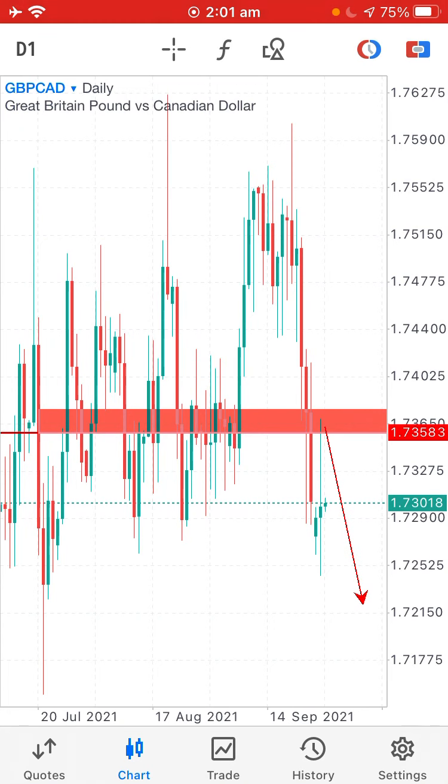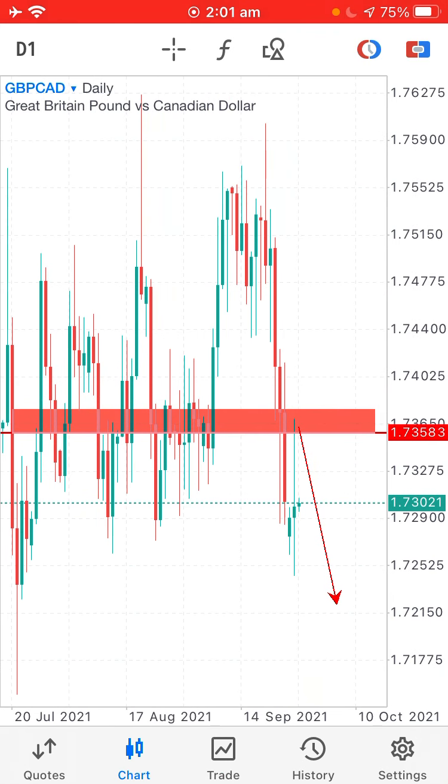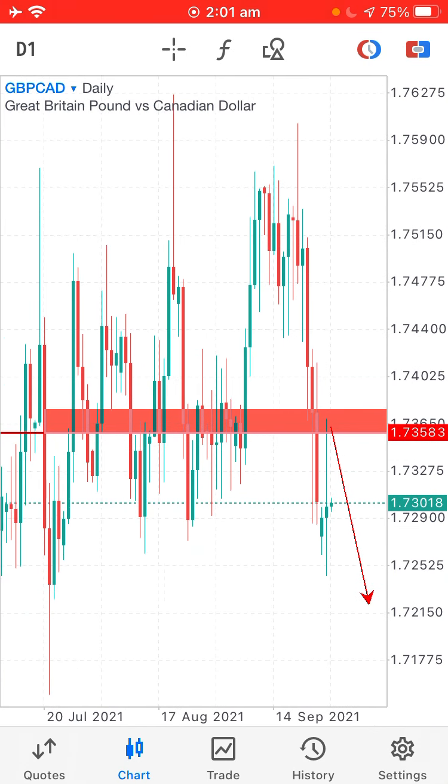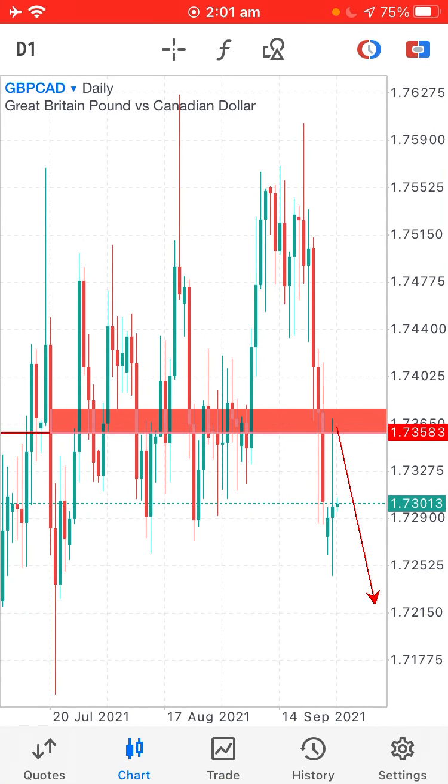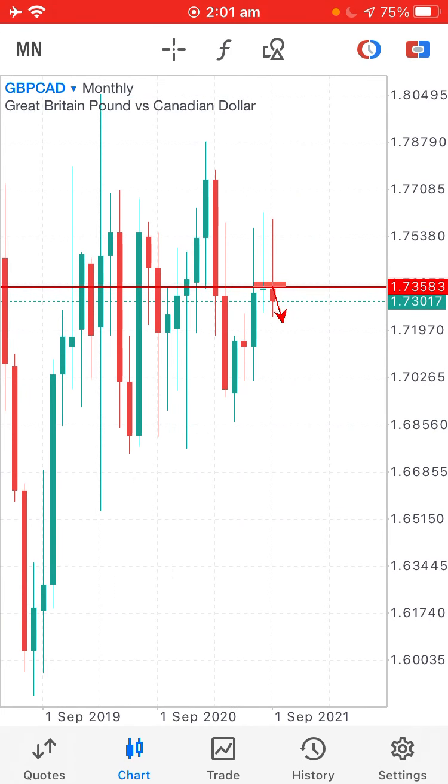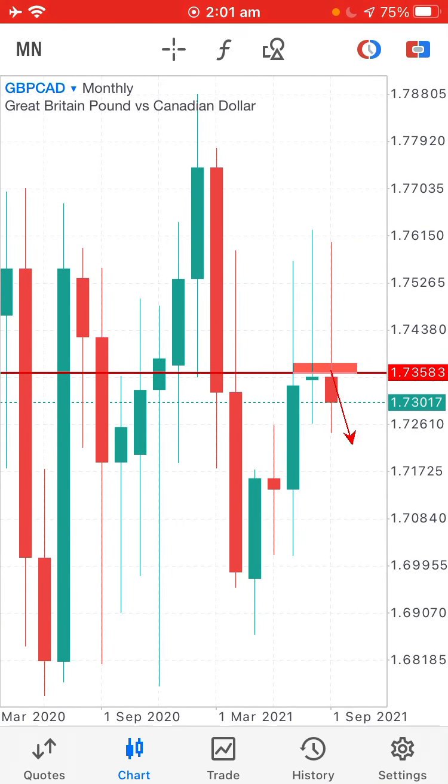So as we can see, both the monthly and the weekly time frame and also the daily time frame are quite bearish. On the monthly time frame, you remember we had a nice W, and the market is trying to make a retest to the neckline.